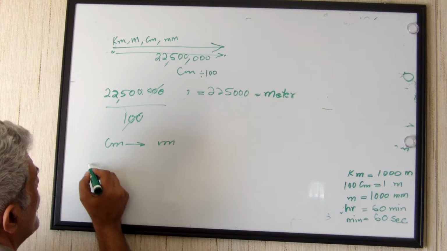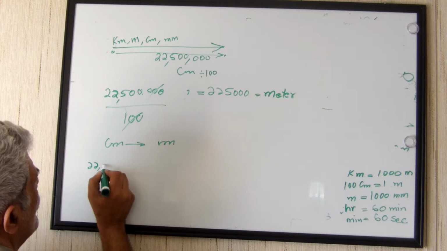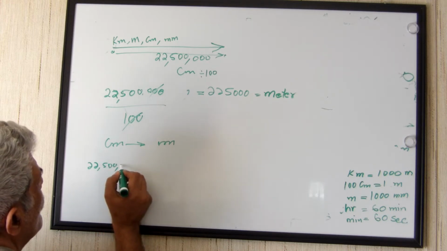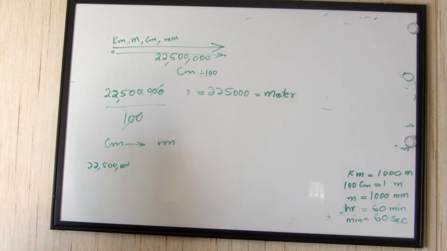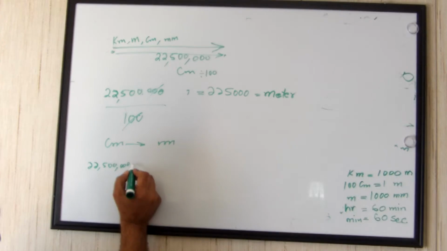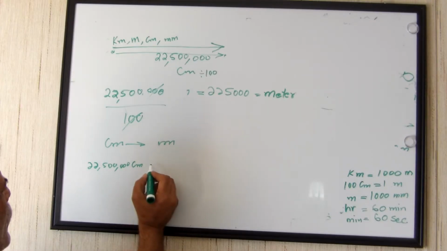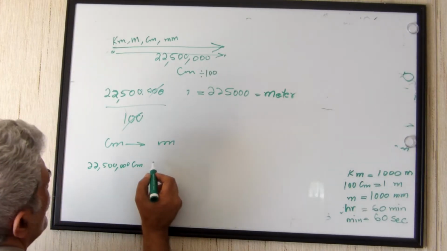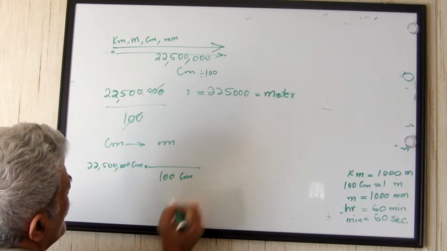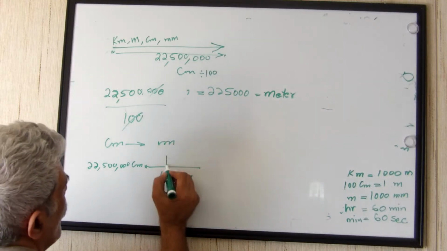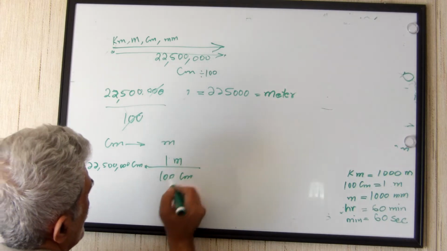Say this is 22 million 500,000, and we say this is centimeter. What we do is, 100 centimeter is going to be 1 meter.